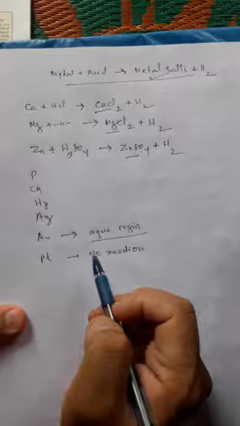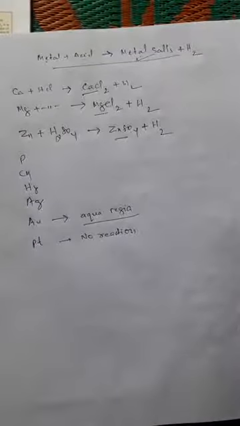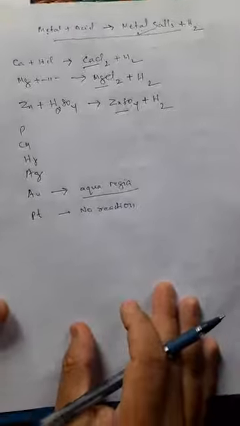So now, having seen these three types of reactions: metal reacting with acid, metal reacting with air, metal reacting with water, what we understand is some metals are highly reactive, while some are not that much reactive.